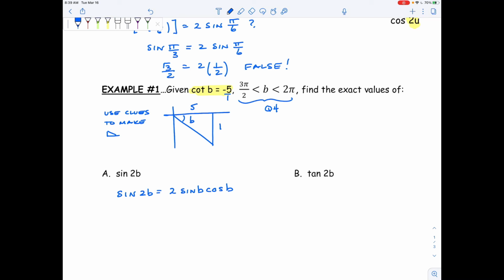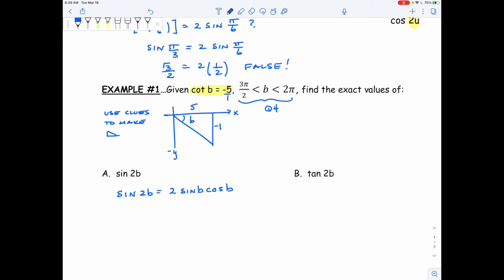Now I've got that negative sign, so I need to make a decision about where the negative sign goes. In the fourth quadrant here, I'm dealing with the positive x-axis, the negative y-axis. So the 1 is going to be the negative part of the ratio. So even though it says -5, make sure you just take the negative and put it with the appropriate side on the triangle.